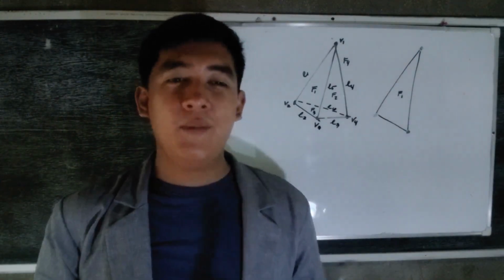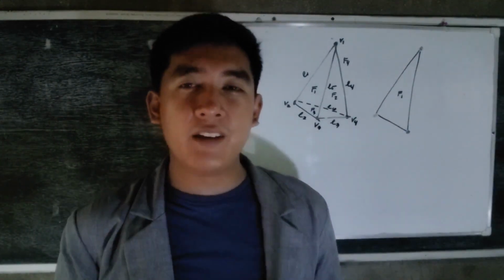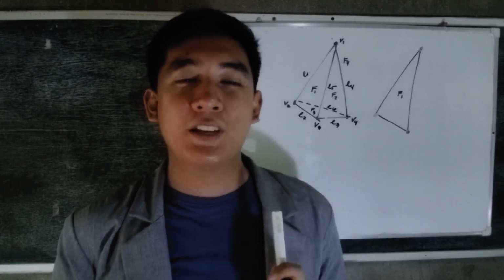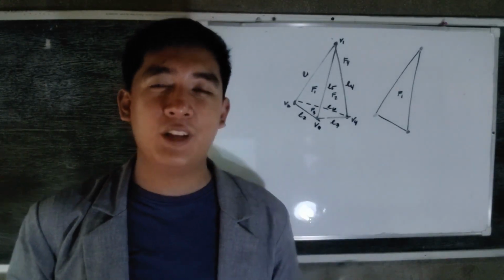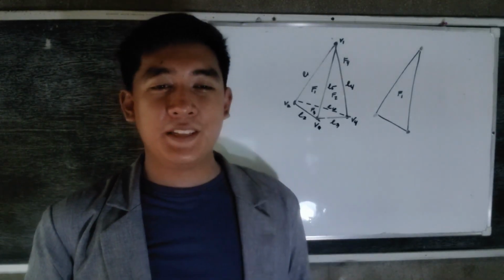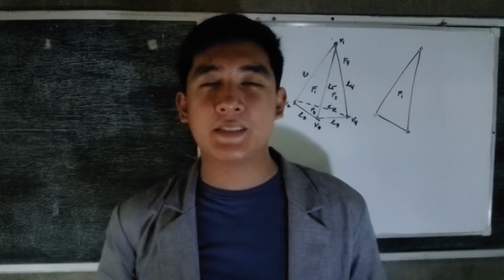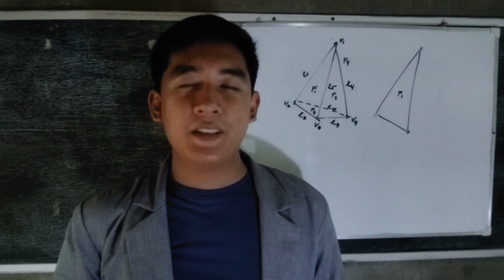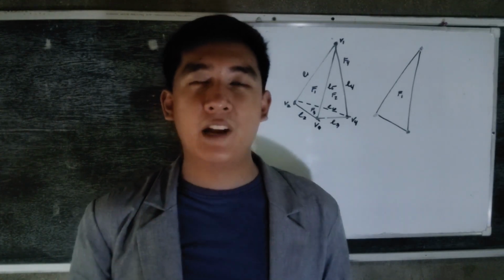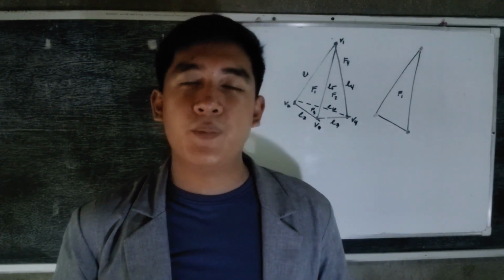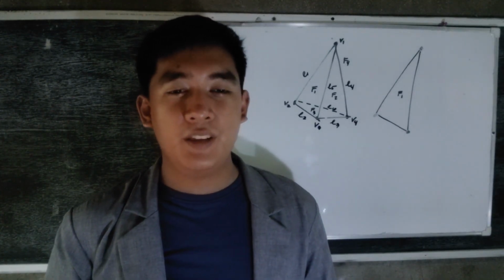And so again, a polyhedron is a 3D object bounded by polygonal faces, and each face is surrounded by edges and vertices. The number of vertices we denote as capital V, the number of edges as capital E, and the number of faces as capital F have a special relationship. And this relationship was discovered by Euler during the 18th century.